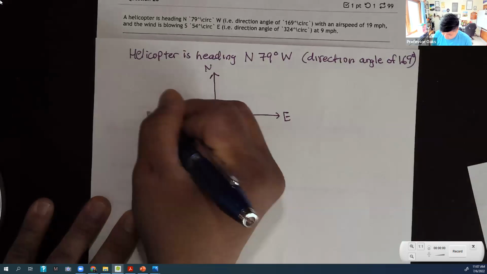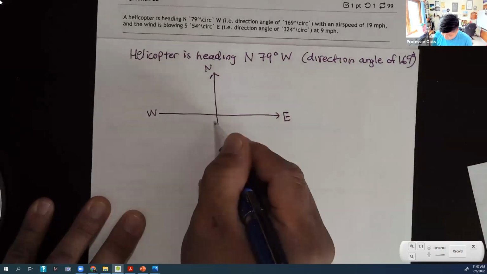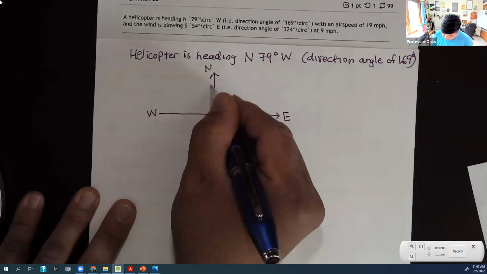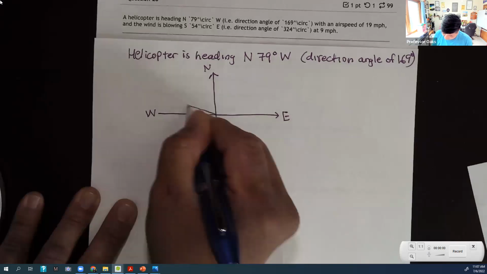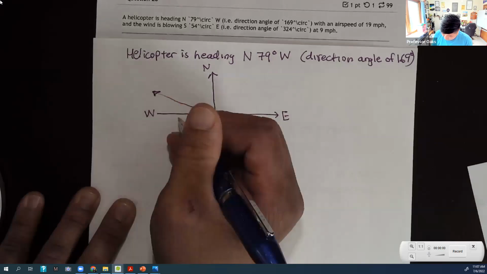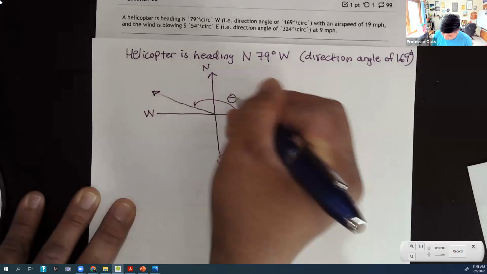So if you have north here and then east and then south and then west, you're going 79 degrees north and then 79 degrees to the west. So here is your theta, 169 degrees.